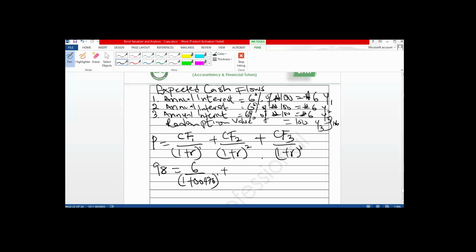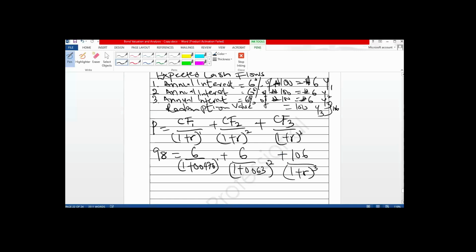Cash flow in year 2, 6 naira. 1 plus R in year 2, 1.063 raised to power 2. Cash flow in year 3, 106 over 1 plus R in year 3 raised to power 3.